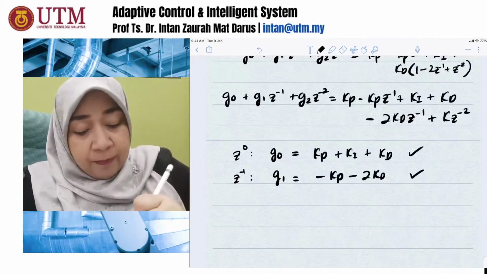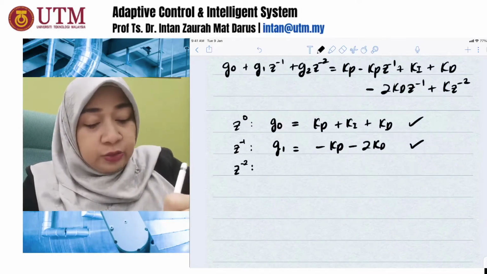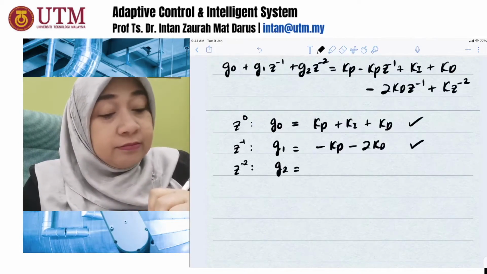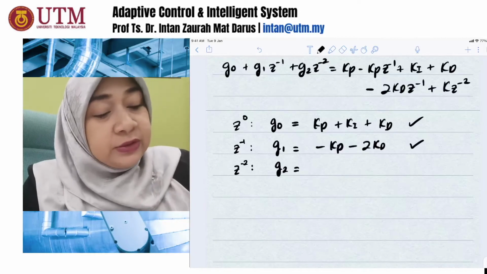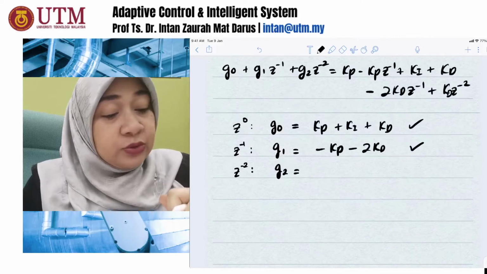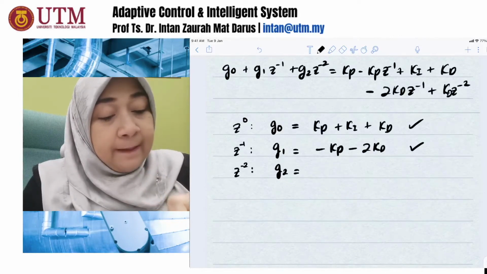Then compare the coefficient of z^-2. On one side you have g2, and on the other side, sorry, I forgot, this one is Kd just now. The coefficient of z^-2 is only your Kd, isn't it?